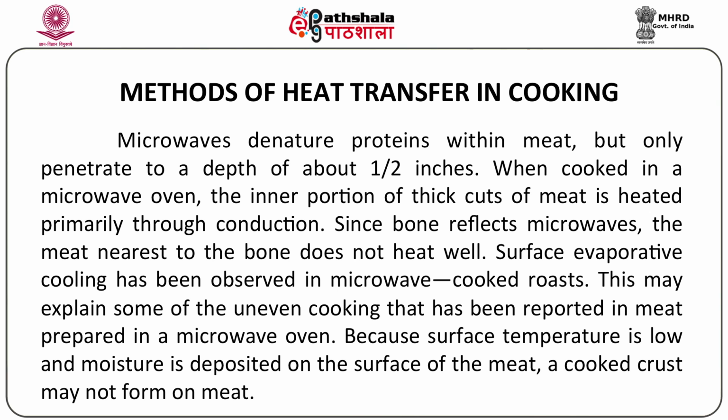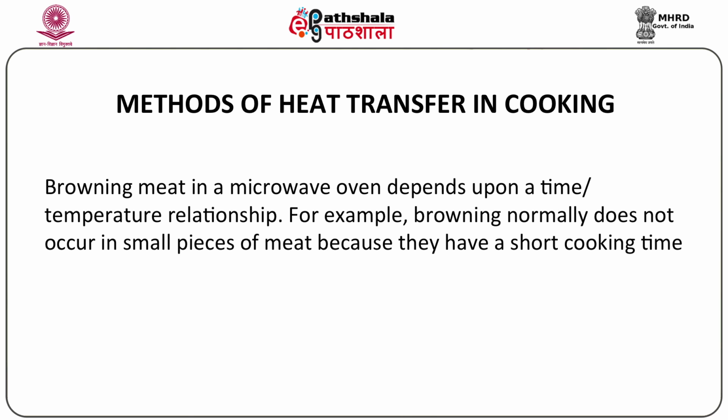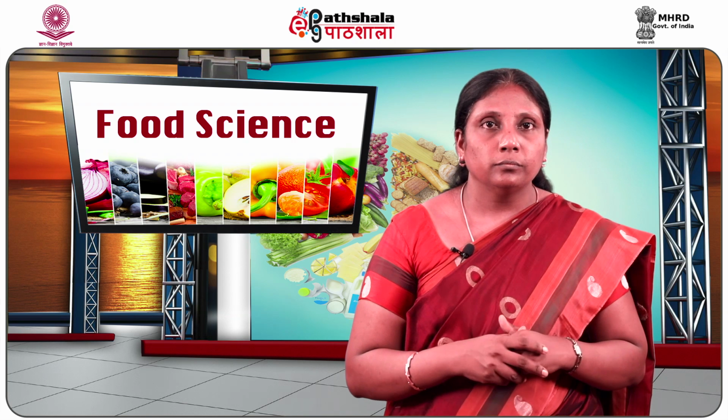Because surface temperature is low and moisture is deposited on the surface of the meat, a cooked crust may not form when meat is cooked by microwave cooking. Browning meat in a microwave oven depends upon a time and temperature relationship. For example, browning normally does not occur in small pieces of meat because they have a short cooking time.